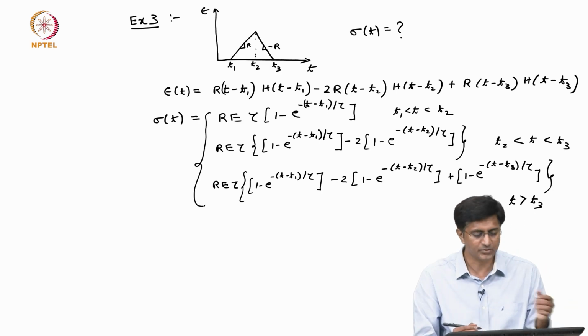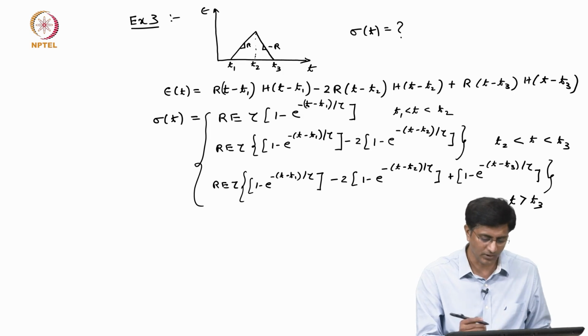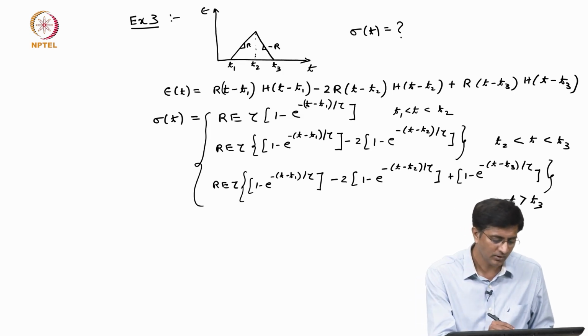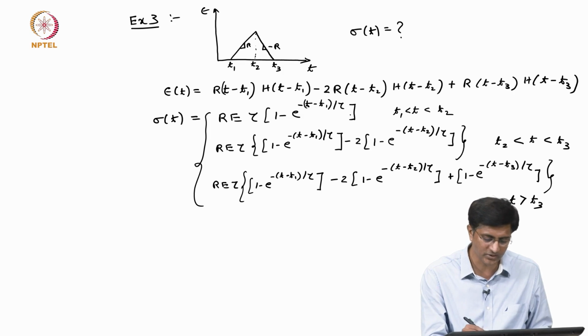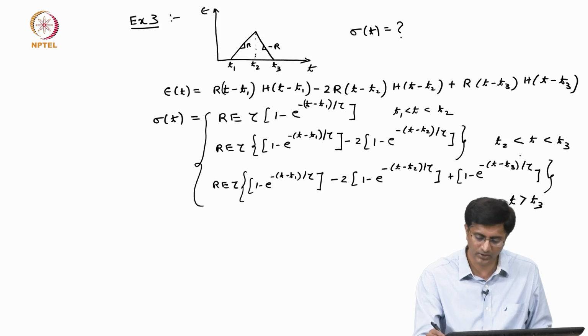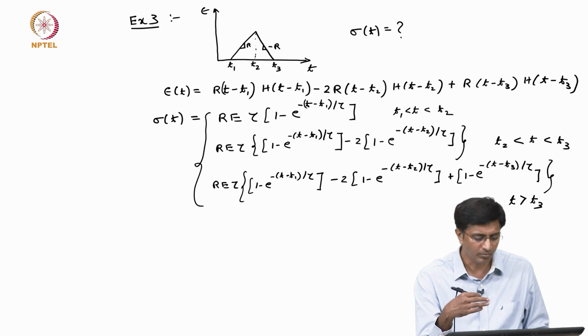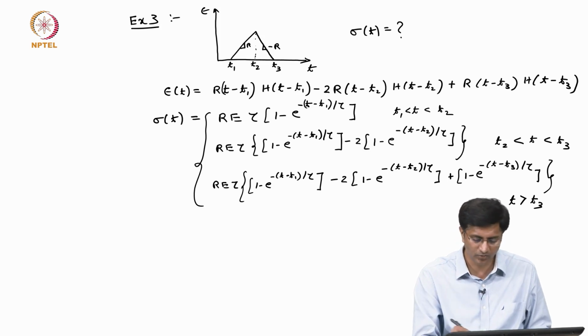So, we will have three expressions depending on at what time we are looking at the response. If we are looking at times between T1 and T2, we go with the first expression, but if we are looking for response between times T2 and T3, we go with the second expression. And finally, if we are looking at response beyond T3, then we go with the final response.